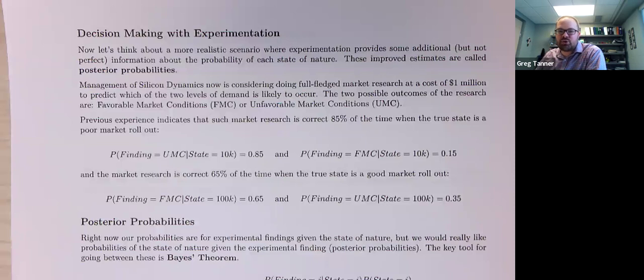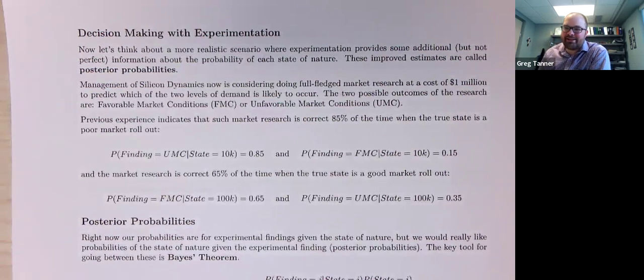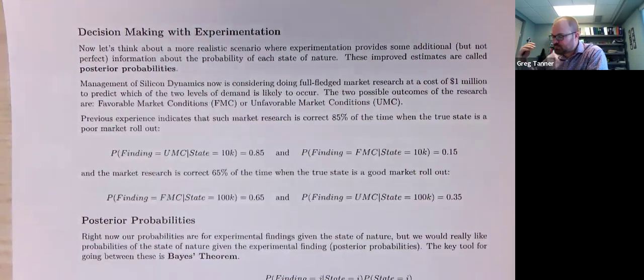Okay, but these two findings, we'll call them experimental findings, are not 100% accurate, right? They don't perfectly tell us what the state of nature will be. If they were, then it'd be like the last example where we had perfect information.